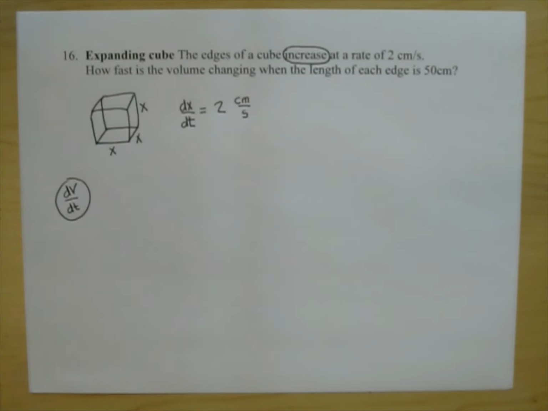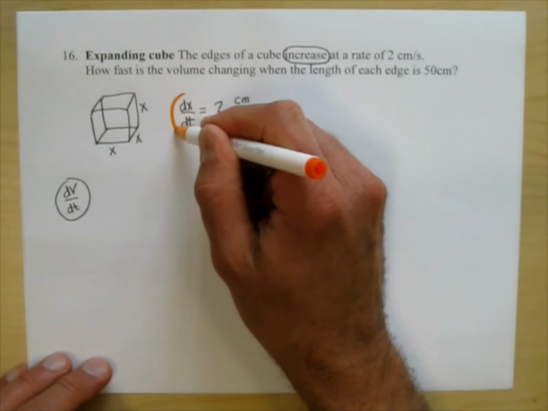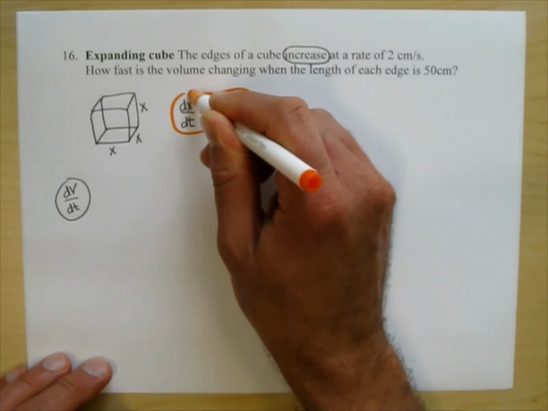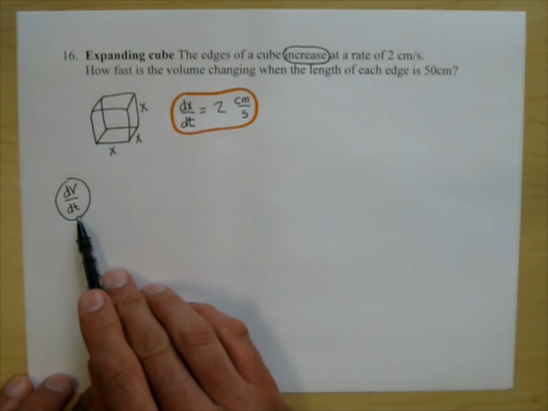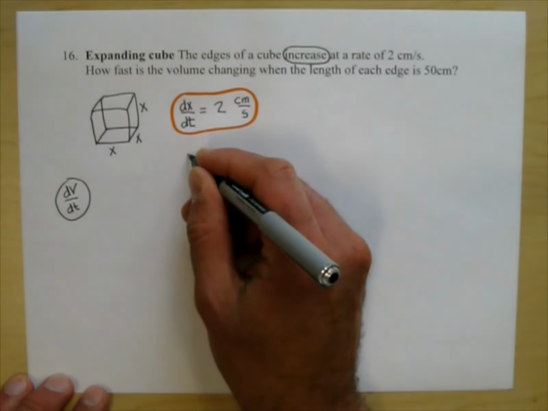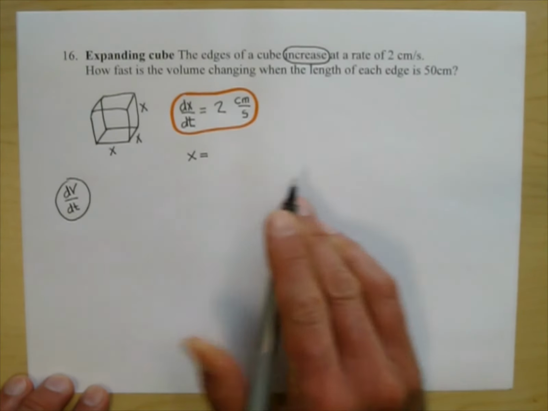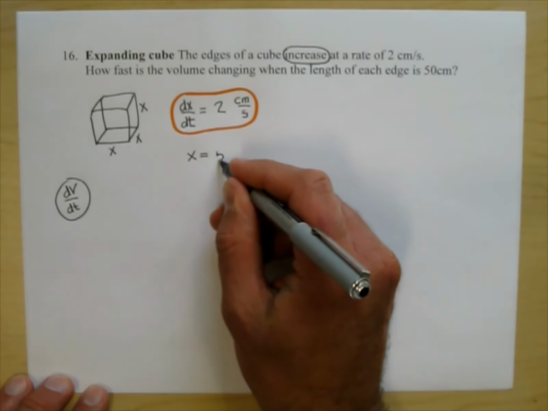Out of tradition, we've been circling some of these givens in different colors because it helps us. How fast is the volume changing when the length of each edge, that would just be x, is 50 centimeters?